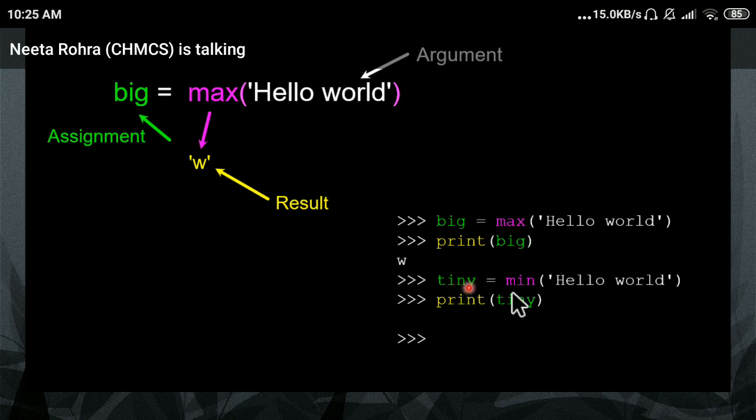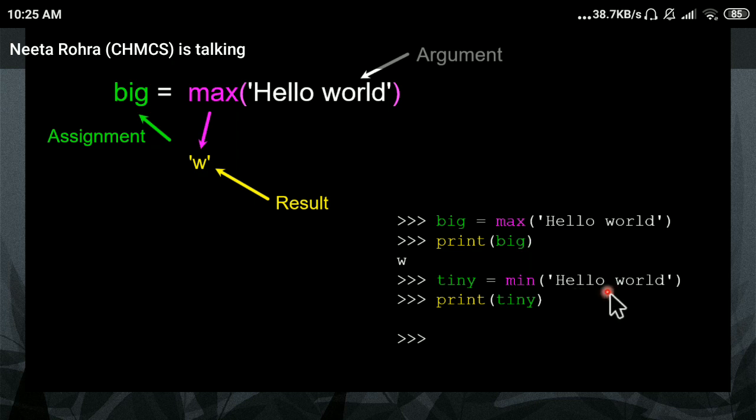Even check the min function. What is the min among these? Check, it gives you a space. It is not empty, you're seeing a blank line. Do you have a space over here also? Hello space world.